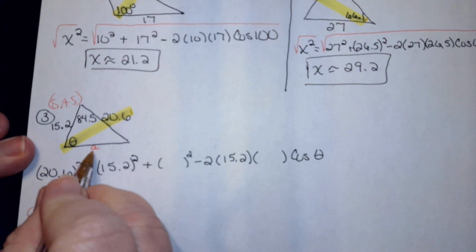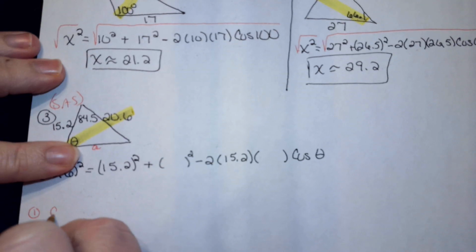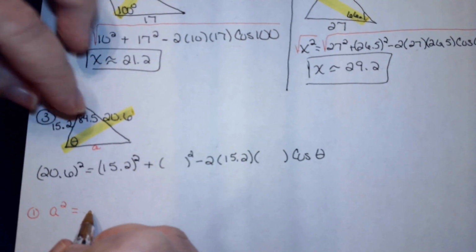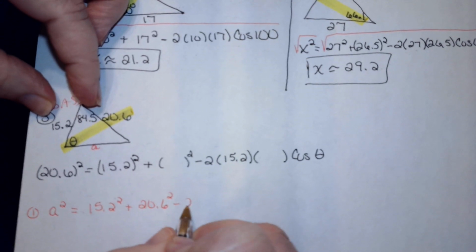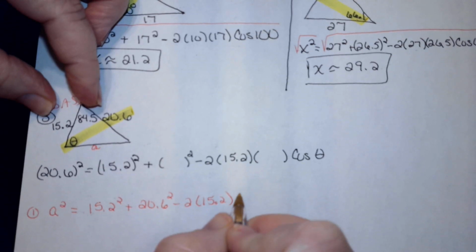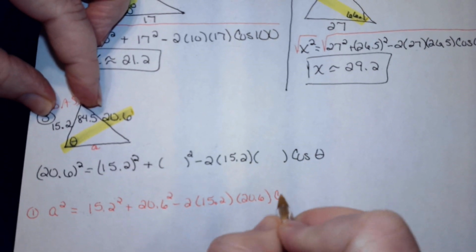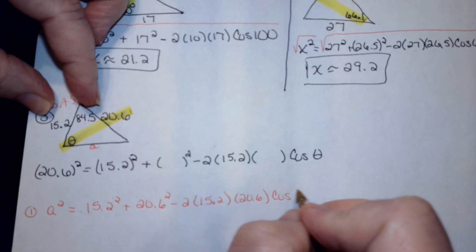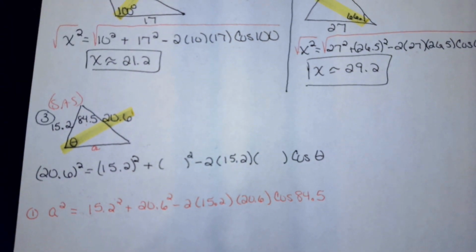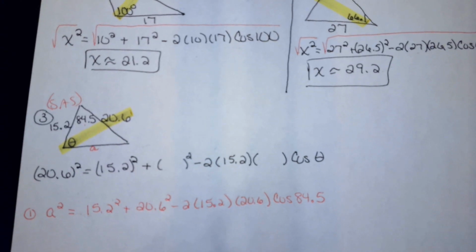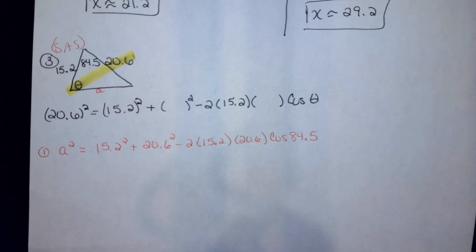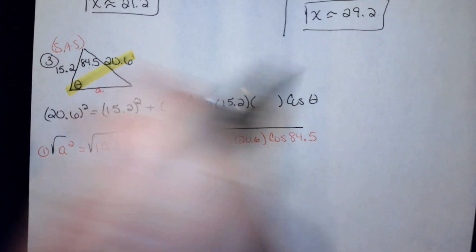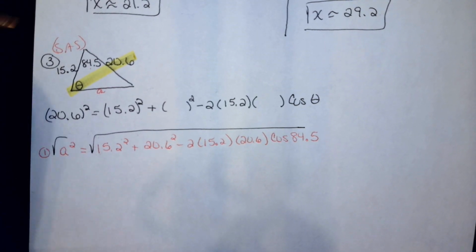So step 1 is to actually find A. So we're going to say A squared is equal to my other two sides, 15.2 squared plus 20.6 squared minus 2 times those two sides times the cosine of the angle opposite of A. Alright, so we're going to take the square root of this. Let's see what A is going to turn out to be.